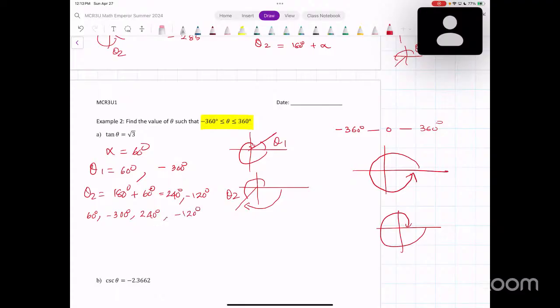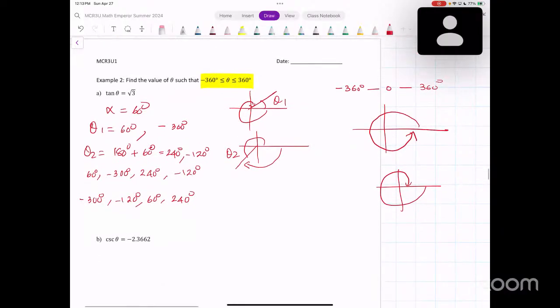I will write negative 300 first, negative 120 next, 60 degree next, 240 next. You see how you're finding a negative and positive angle? Okay, question? All right. This is not printed for you.